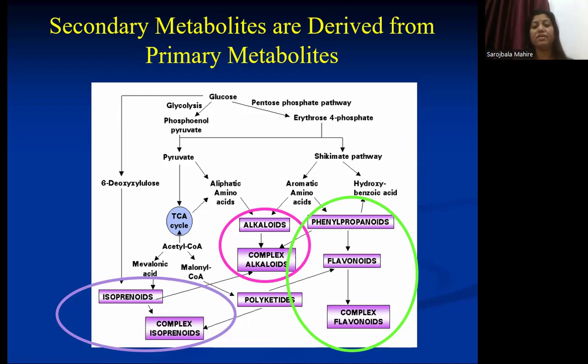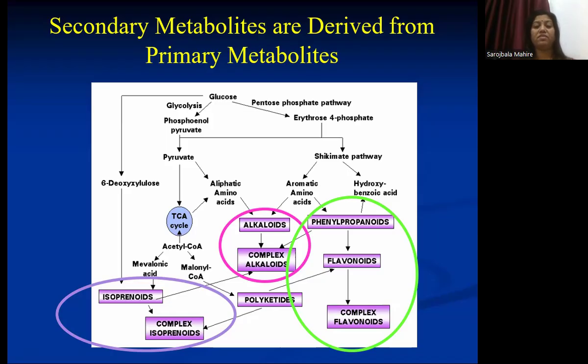From aromatic amino acids, other secondary metabolites will form. Phenylpropanoids also form here, and this gives flavonoids and the synthesis of complex flavonoids.